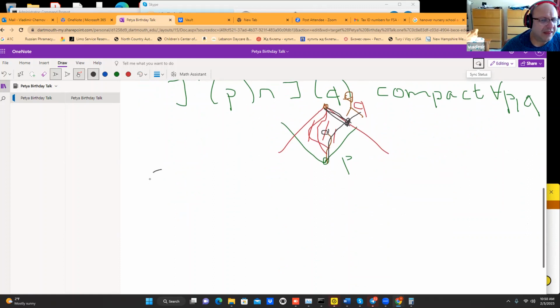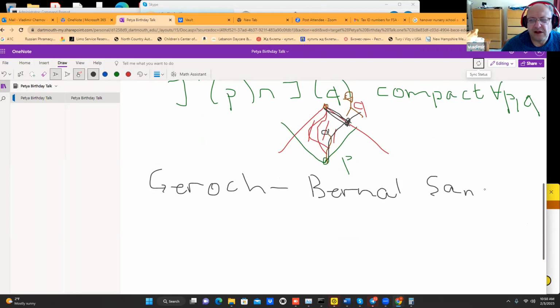So there is a theorem of Geroch, Bernal, and Sanchez that says the following: such spacetimes are called globally hyperbolic.